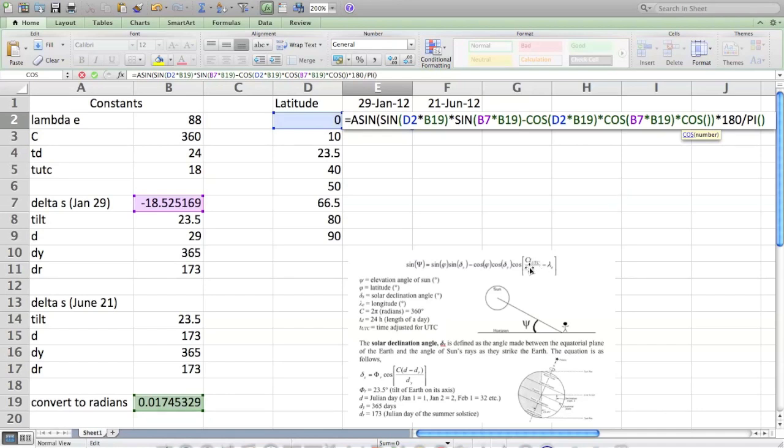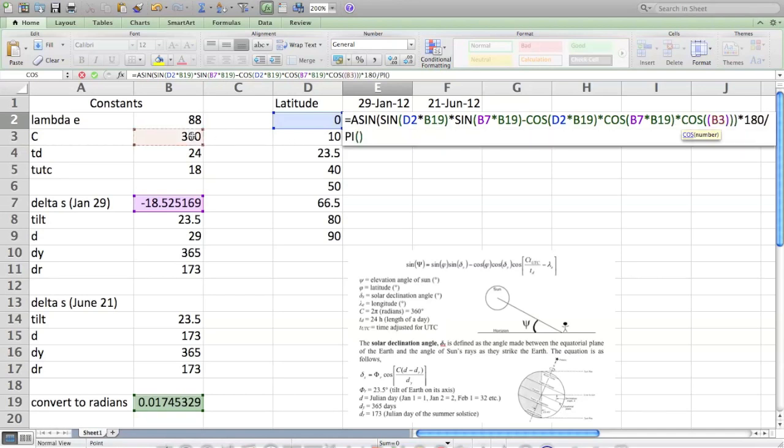So let's take care of the c TUTC divided by TD first. Inside of my parentheses, I'm going to go ahead and open and close the top part of this. I'm going to take c, multiply it by TUTC, which is right here, and that's what's on top. So I can also at this stage go ahead and multiply that by my conversion factor.